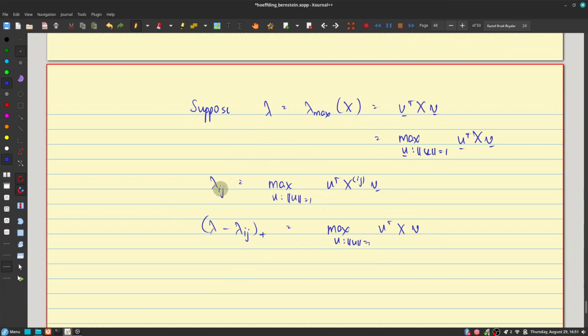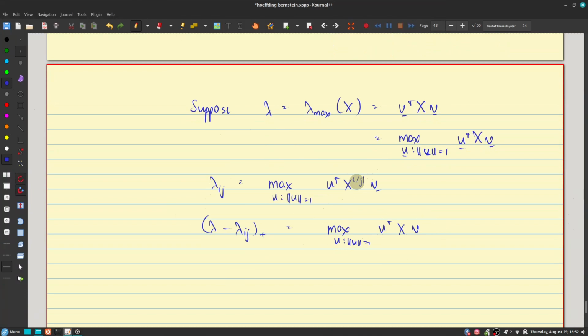So remember, lambda ij is a function of X ij, where the ijth entry of X is replaced with an independent copy. X ij is a scalar. This X, again, it's a bit confusing notation, but X superscript ij is a matrix. It's an n by n matrix where the ijth entry of the original matrix X is replaced with something else.